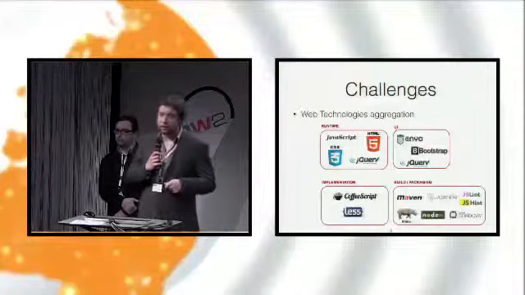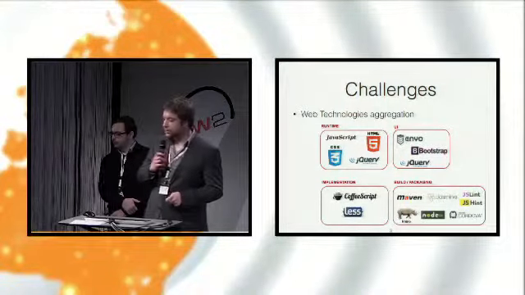The first challenge we have to face is the aggregation of technology. As I stated, there are three main technologies, HTML, CSS, and JavaScript, but there is also a galaxy of technologies surrounding them. A developer has to choose the technology he wants to use, maybe Bootstrap for the UI, maybe jQuery for some modification of the DOM in the client, maybe some CoffeeScript to have a nice syntax around JavaScript.